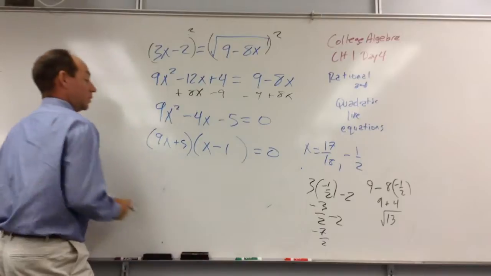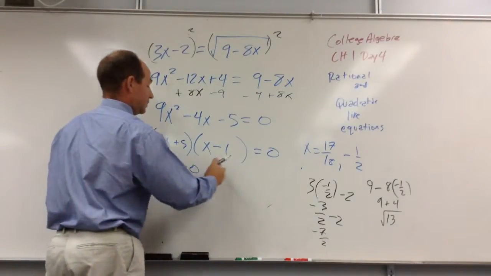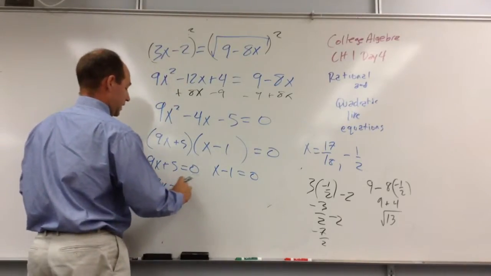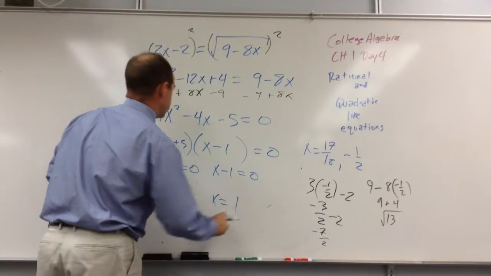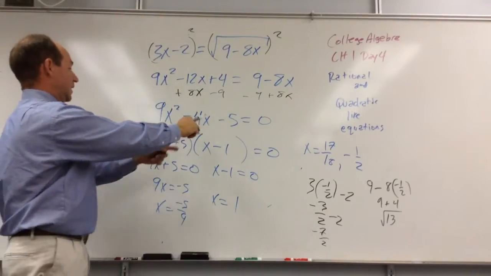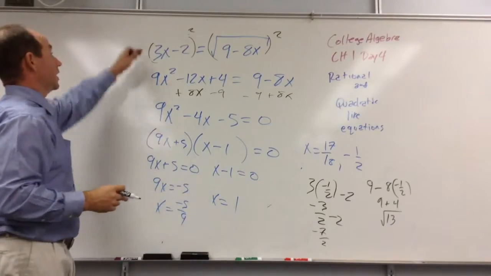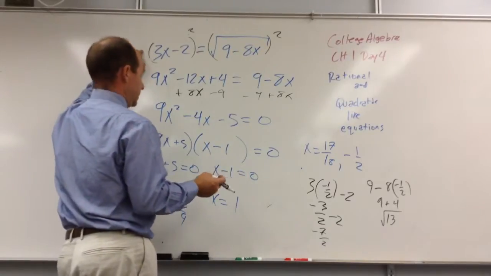Neither of those were going to work. So this should be 9x plus 5 equals 0, or x minus 1 equals 0. 9x equals negative 5, so x equals negative 5/9, or x equals 1. That's negative 5, negative 9, and a positive 5. Yes. Now we go back in: 3 minus 2 is 1, and 9 minus 8 is 1, so we're good.